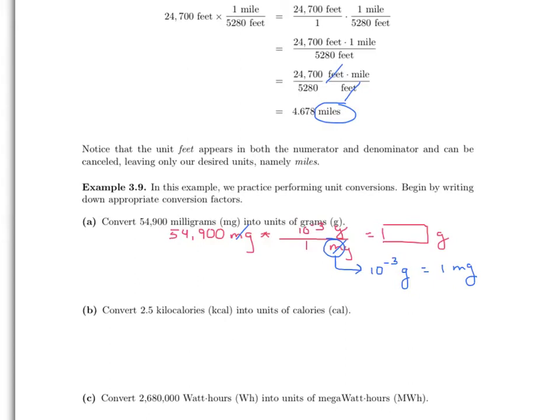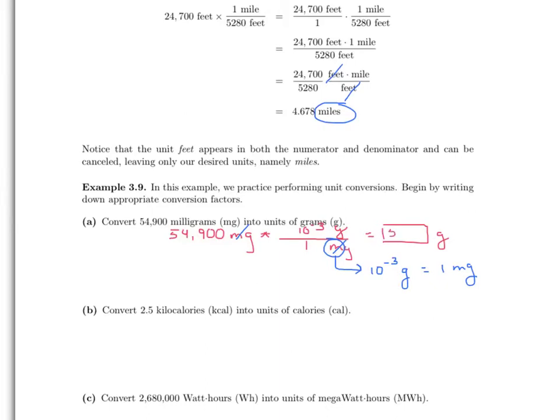In order for us to calculate the numerical value that goes here, we have to multiply our 54,900 by 10 to the negative 3. We've done that before. Multiplying by 10 to the negative 3 is the same as moving the decimal point 3 places to the left. So we finish with 54.9.